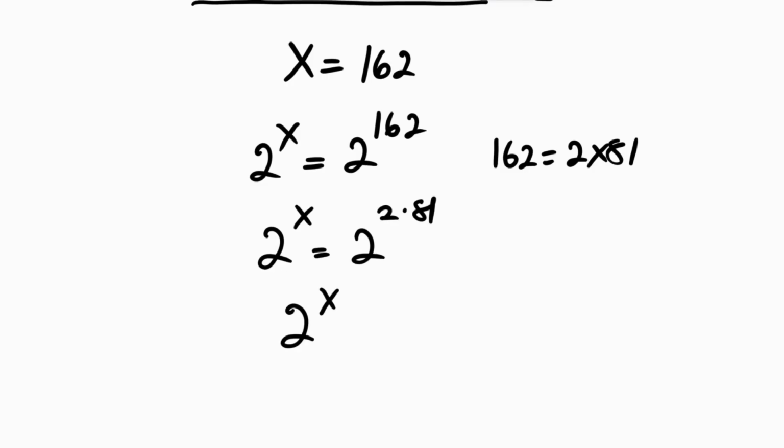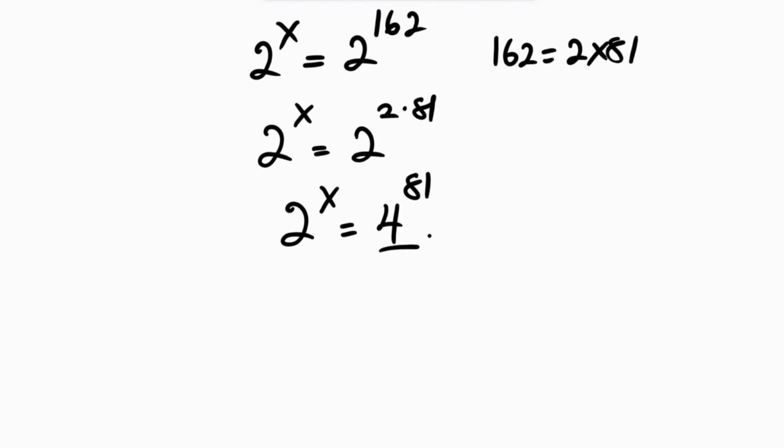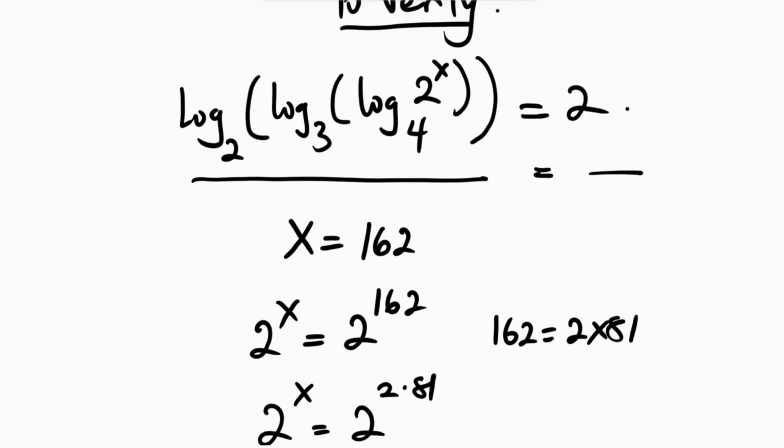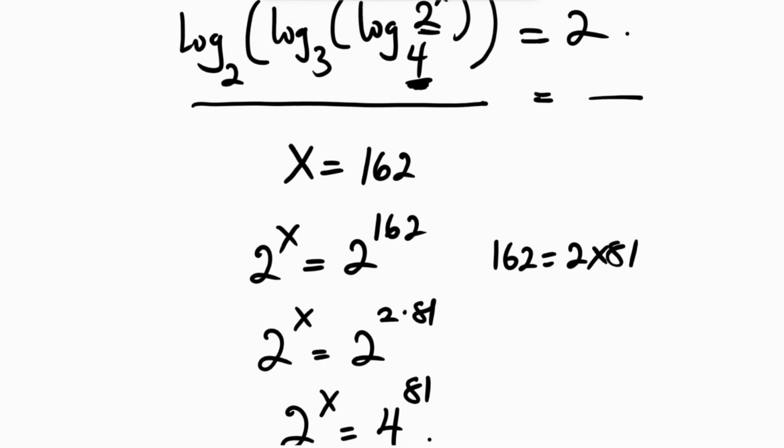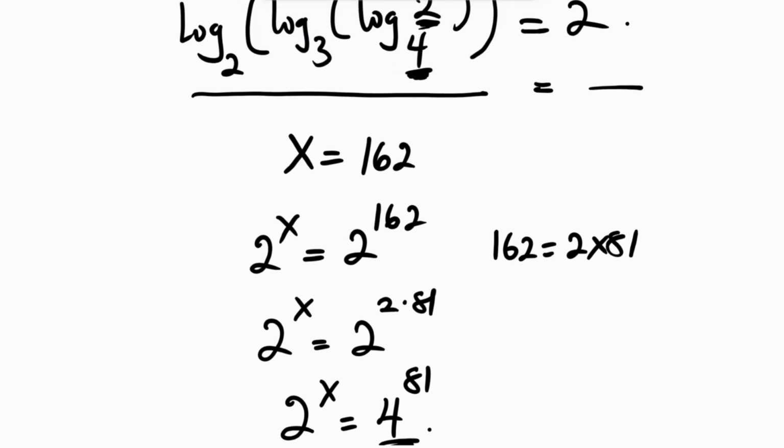So 2 raised to the power x is the same thing as 2 squared, which is 4, raised to the power 81. Now, we have 4 raised to the power 81 because when we plug in the value of x here, we have a base of 4 here as well. Okay, so we want whatever we're plugging in here to have the same number as the base.